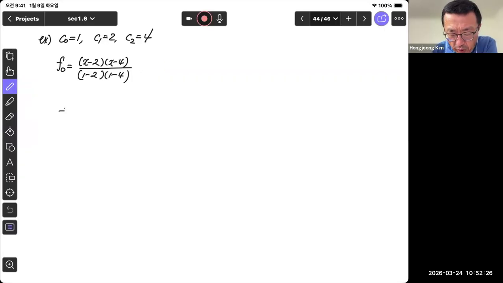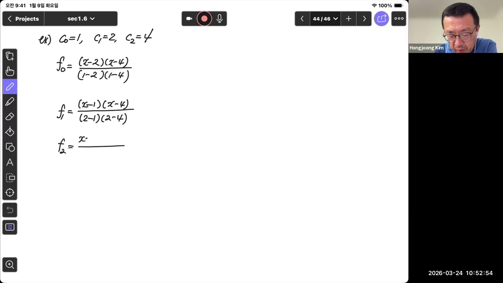And f1 is defined by x minus c naught, which is 1, and I skip x minus 2, and then you go to x minus 4. Each x in the numerator is replaced by c1, so 2 minus 1 times 2 minus 4. And f2 is defined in a similar way: x minus 1 times x minus 2 over 4 minus 1 times 4 minus 2.